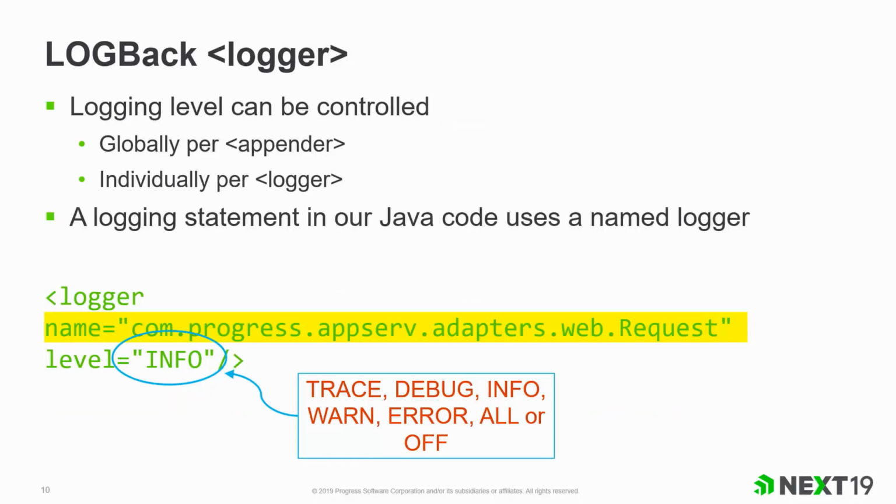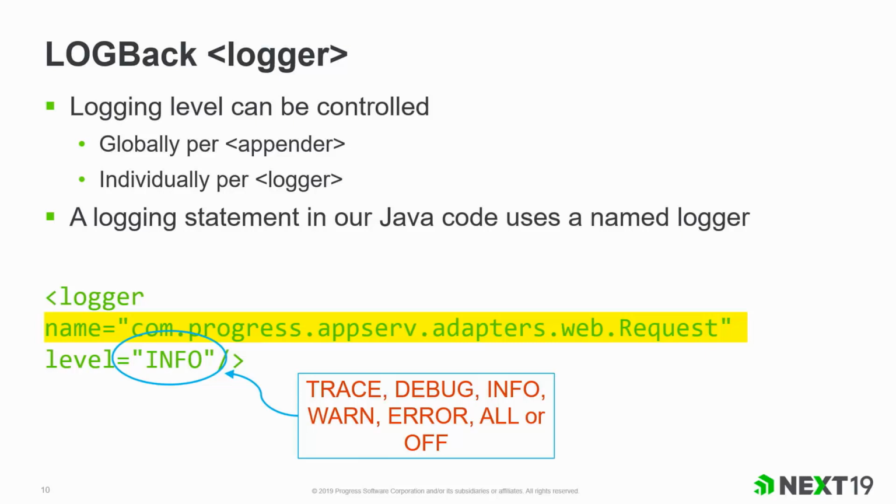Okay. So what's a logger? Well, there's a couple of different places where you can change the logging level. You can change the logging level globally at the appender, or you can do it individually per logger. In the Java code that implements PAS for OpenEdge, every time we write a log message, we write it to a named logger.